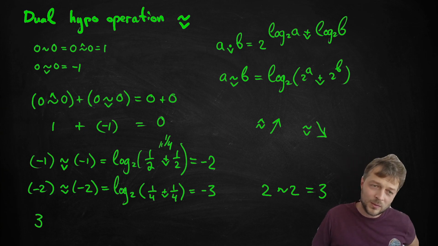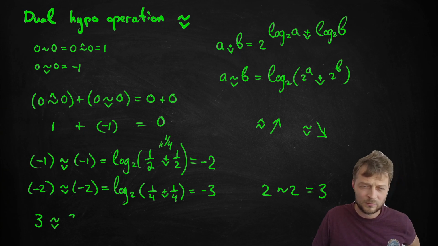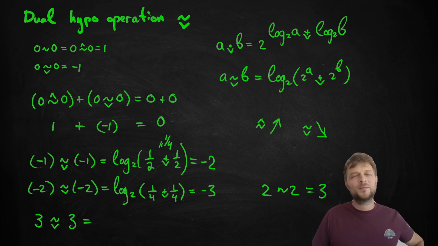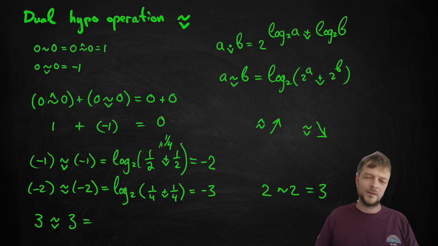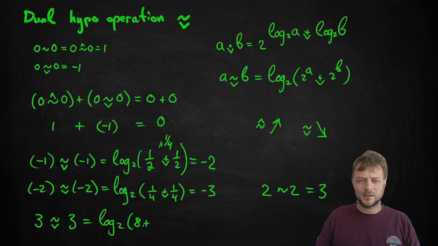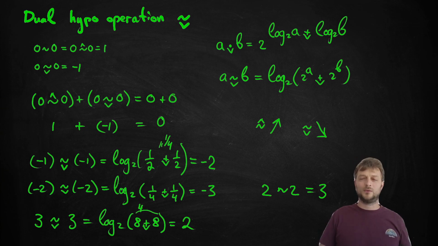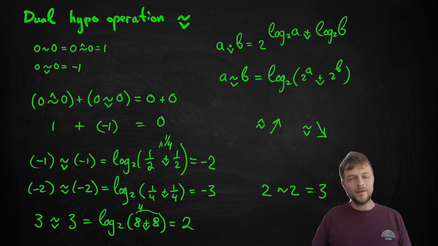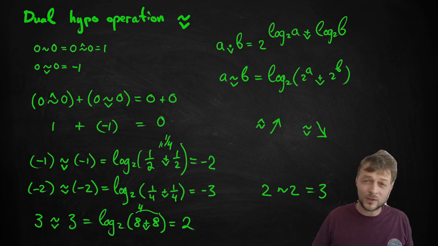For example, if we take 3 tilde dual 3, I expect it to be equal to 2 because we count down. Let's check the computation. It's 8 plus 8. We have 4 here, so it is equal to 2. Okay, let's move on to the next topic.